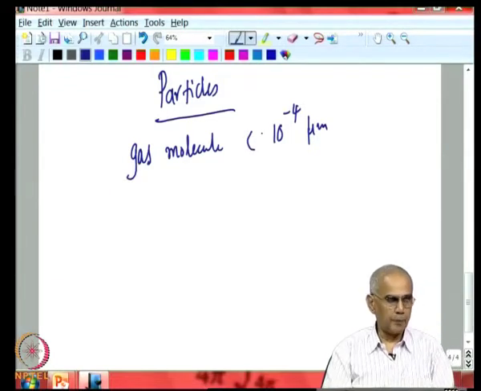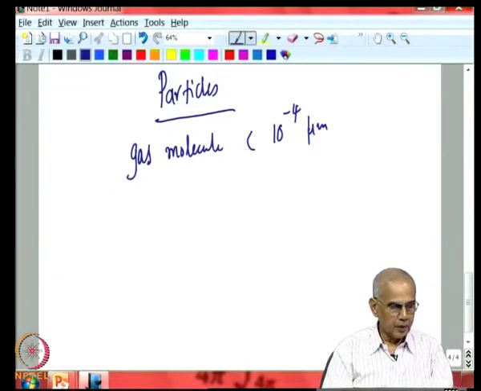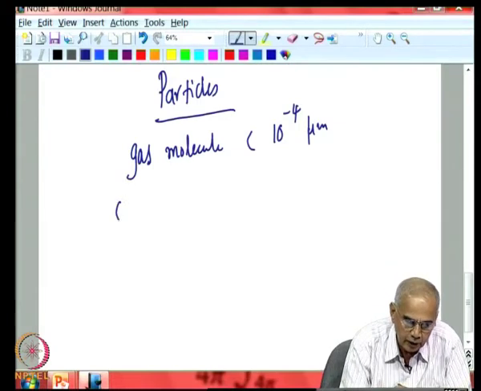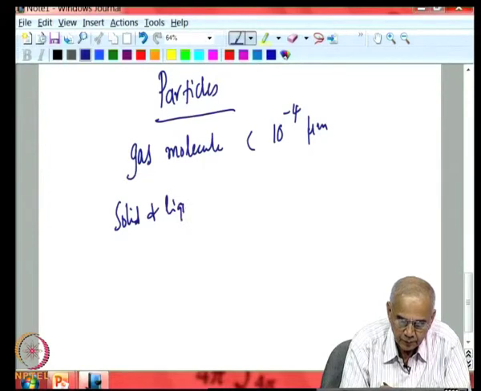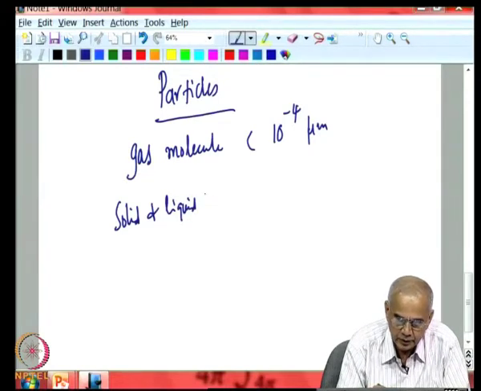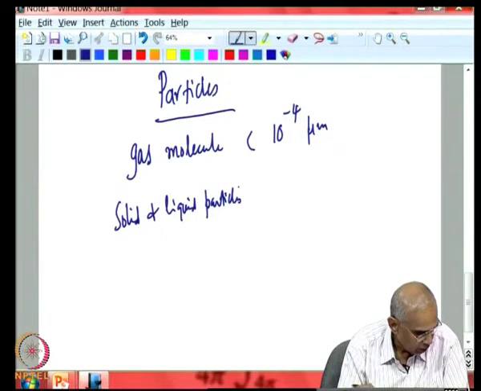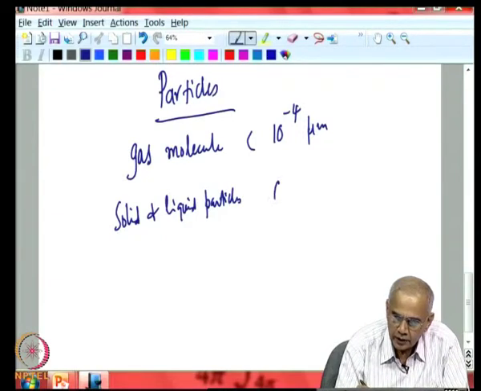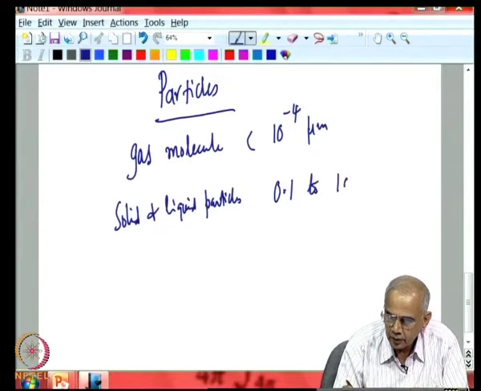So, these are very small particles. Then typical solid and liquid particles we encounter, droplets in combustion or cloud liquid particles or aerosol, are all in the same size range, 0.1 to 10 micron.